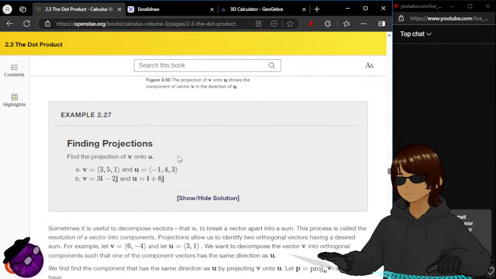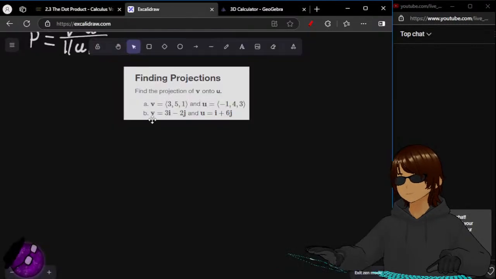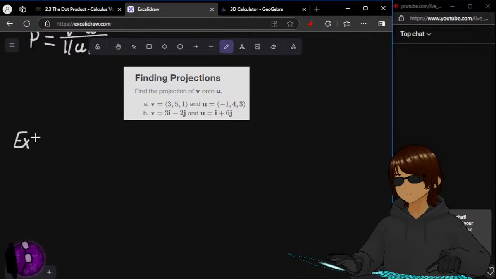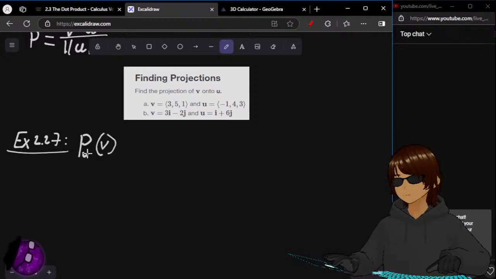So we have example 2.27. Projection of V on the direction of U.